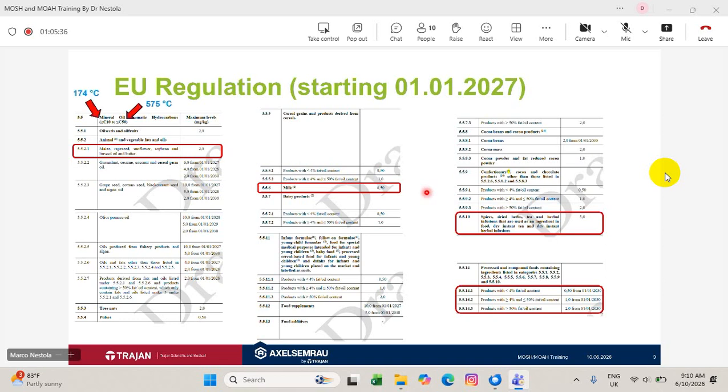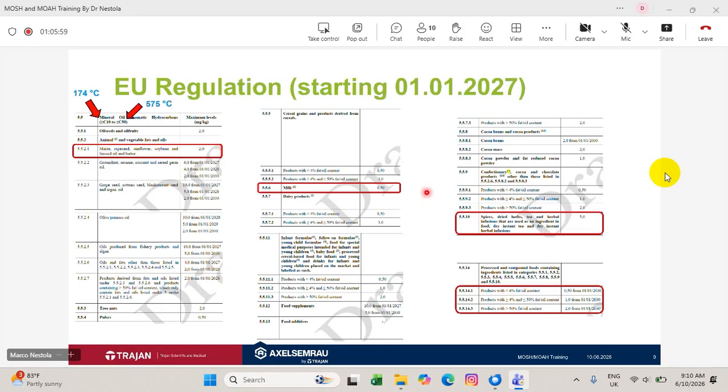What I already marked here is just two numbers, because they become important a little bit later. All the MOSH-MOAH analytics, or all legislations, are based on MOSH-MOAH in the range of C10 to C50, which is just an abbreviation for the boiling points.